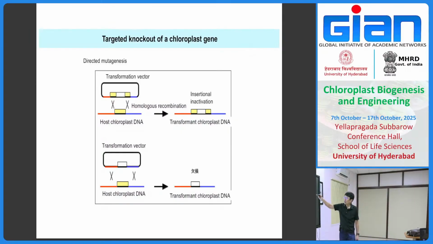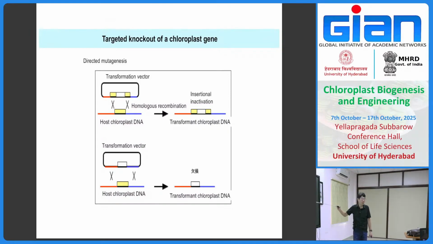Then we introduce this transforming vector. At the homologous regions, the red region and blue region, crossing over occurs, and this region is replaced by the region in the transforming vector. After transformation, the aadA cassette is introduced into this gene in the chloroplast DNA.